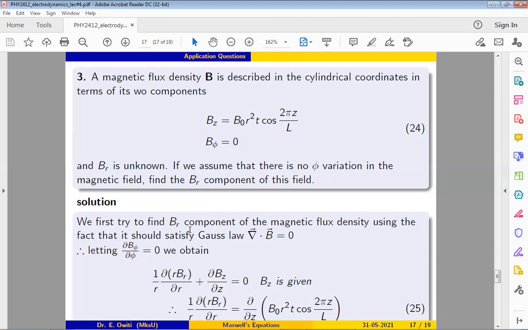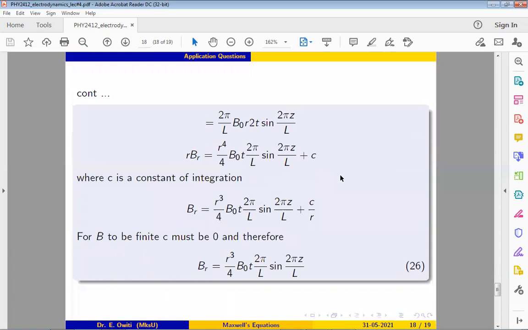The reason why you're saying that it is equal to 0 is because the question says if we assume there is no phi variation, so the derivative with respect to phi is equal to 0. That is, term number 3 is equal to 0. So if you do that, then you equate the remaining parts, you get equation number 25.